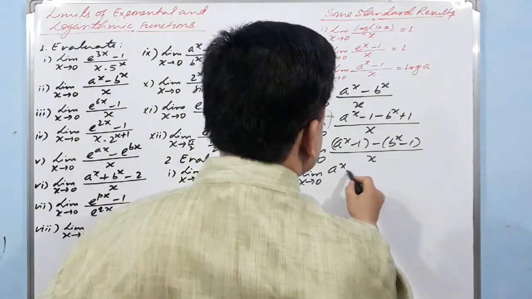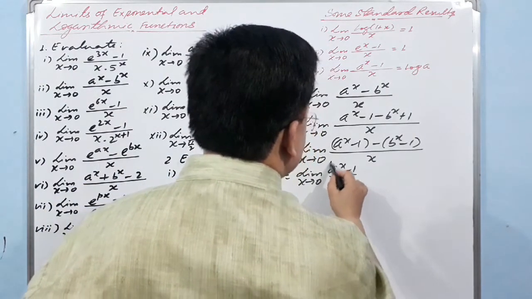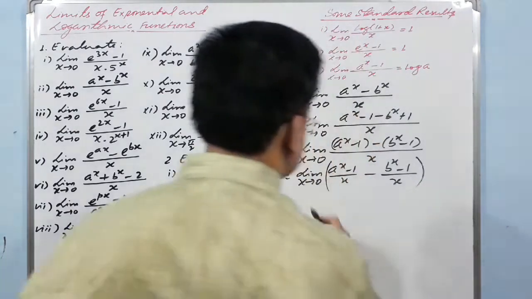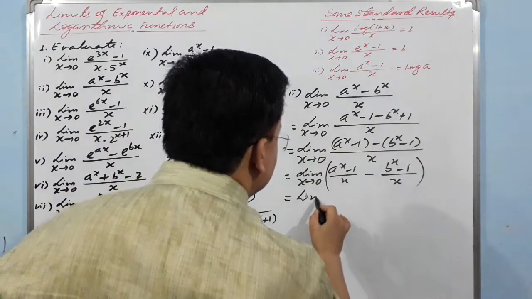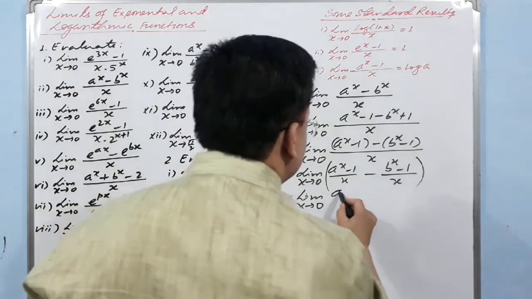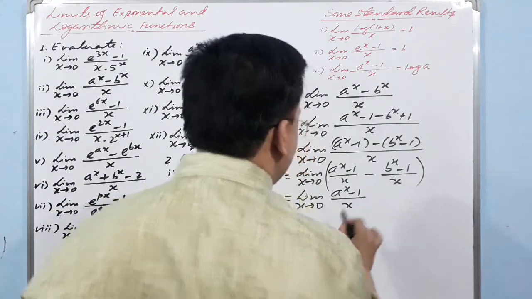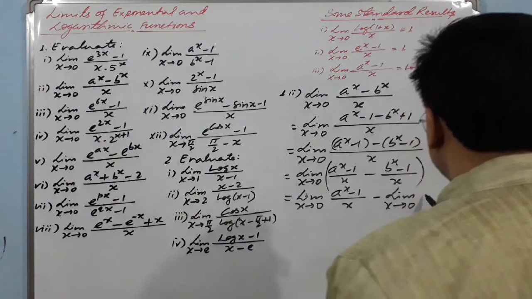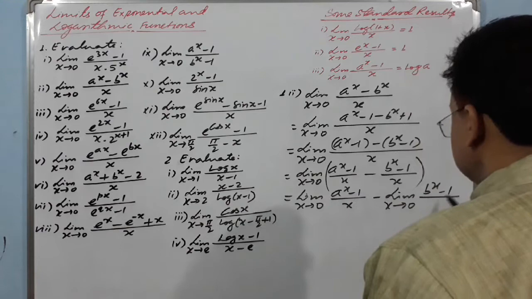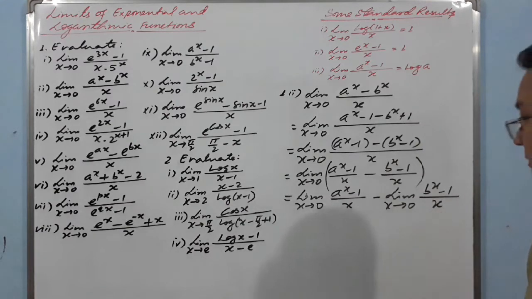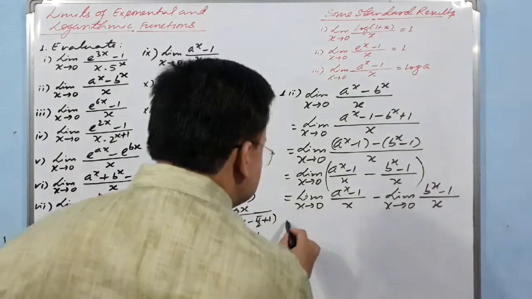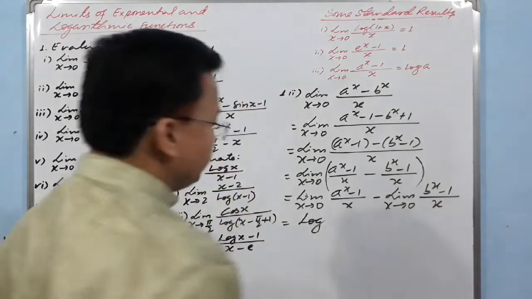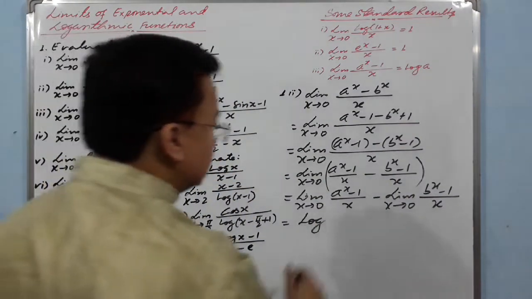Now we can write a raised to power x minus 1 over x, minus b raised to power x minus 1 over x. So we can write separately the limit of a raised to power x minus 1 over x, minus the limit as x tends to 0 of b raised to power x minus 1 over x. Here we are going to get log a.